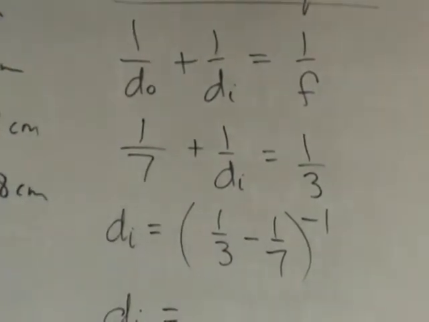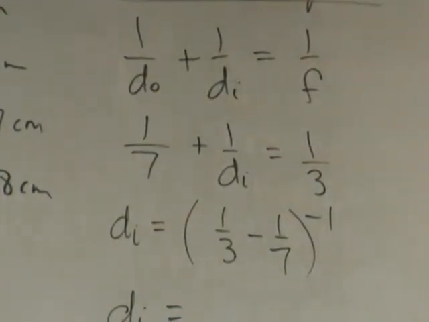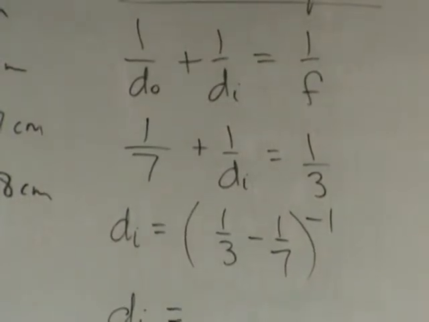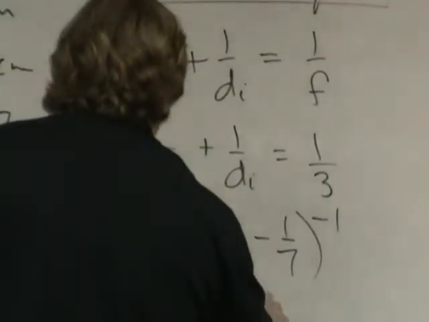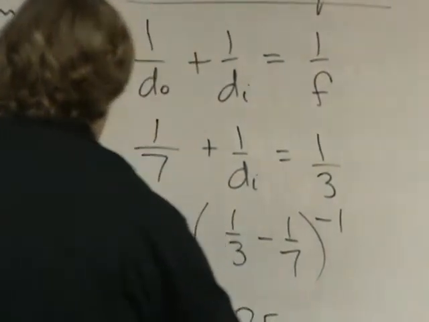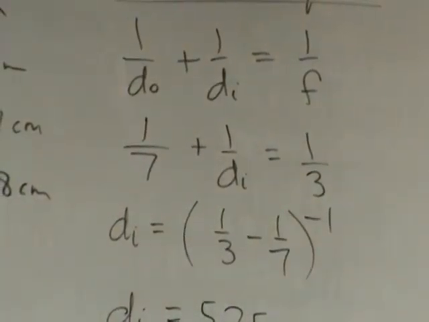So you get an image distance of 3 to the -1 minus 7 to the -1, inverted, which is 5.25. Wow. So the Lensmaker's equation predicts an image distance of 5.25.